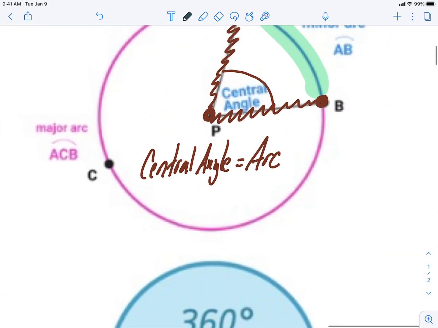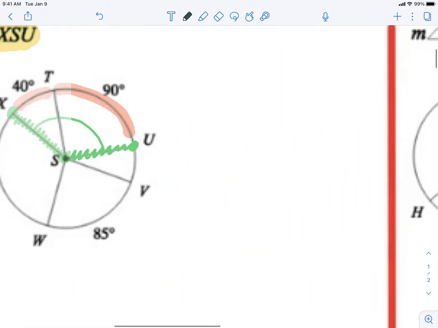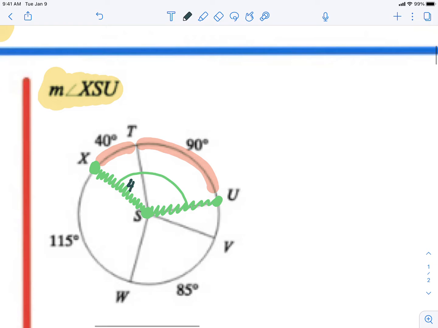Which is what we have right here. The measure of the arc is equal to the central angle. So that means that this is 40 right here, and this is 90 right there.